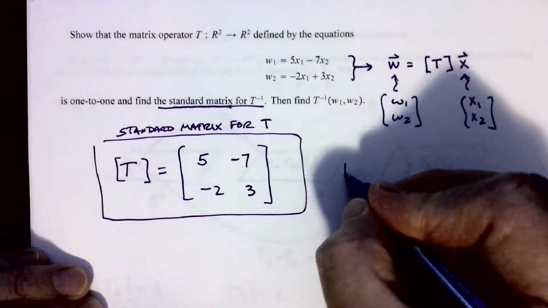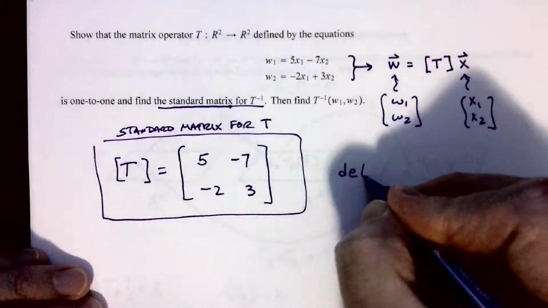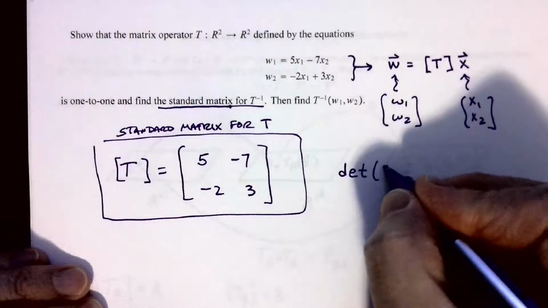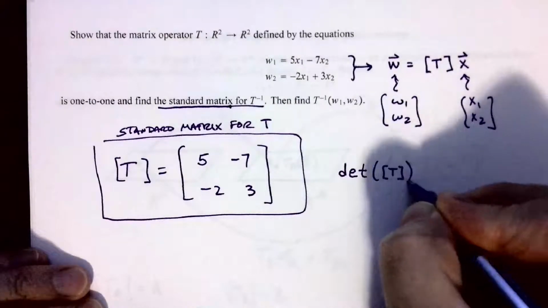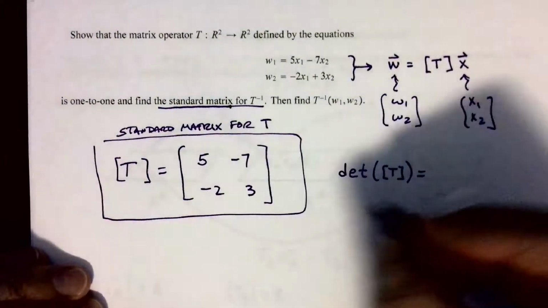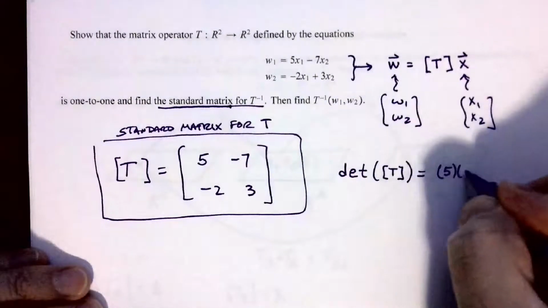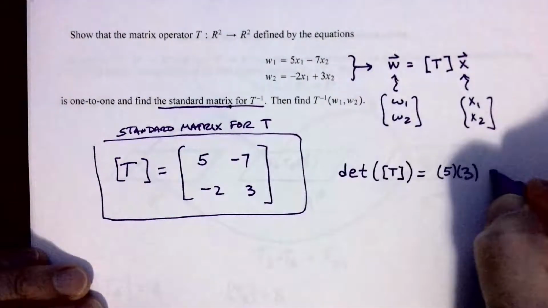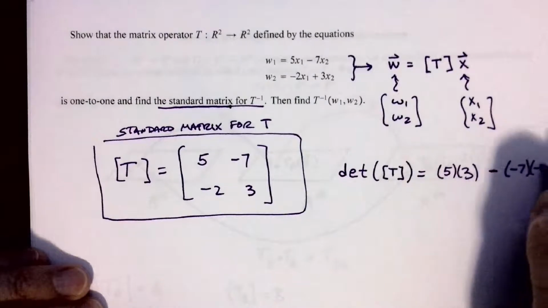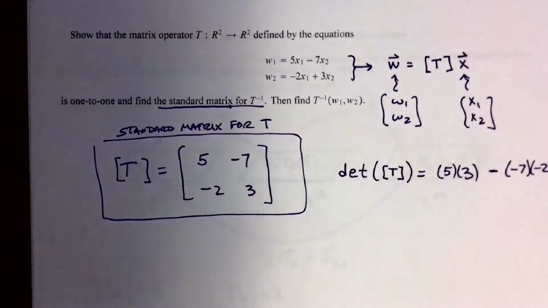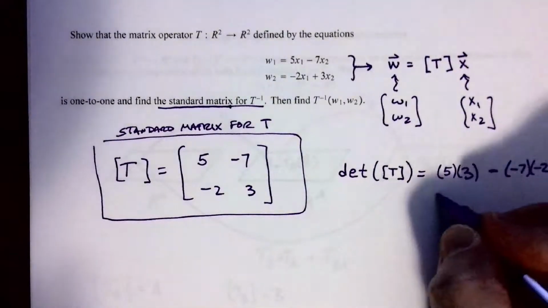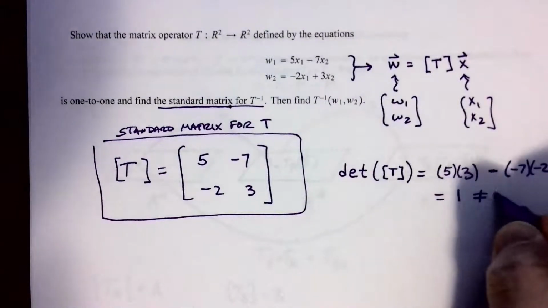And how can we do that? Well, the easiest way is in that list of equivalent statements: find the determinant of the standard matrix of T, which is 5 times 3 minus -7 times 2, which is 15 minus -14... which is 1. That's not equal to 0.